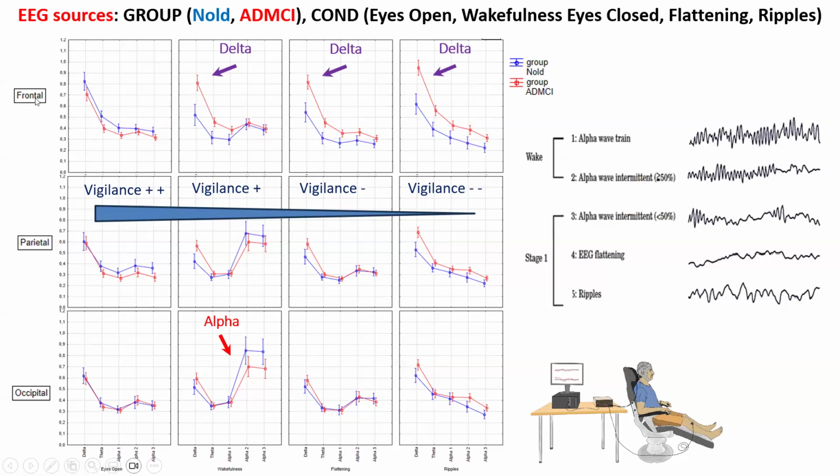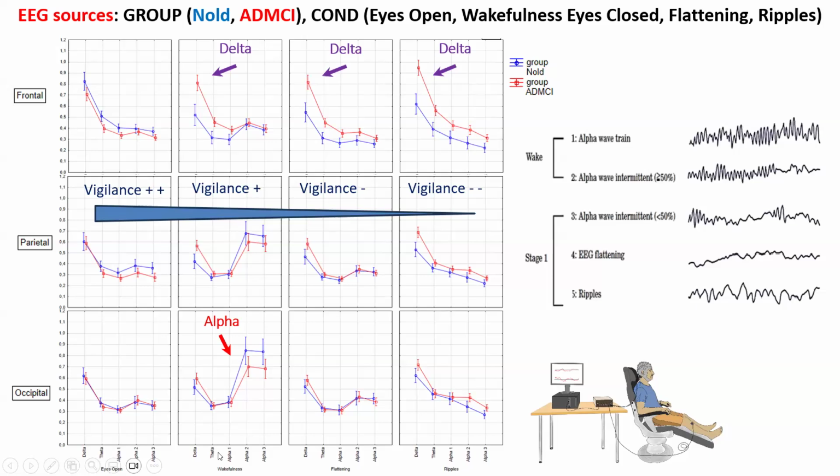And indeed, you see the frontal, parietal, occipital regions, so if you see the blue group of healthy normal subjects, you see that the dominant rhythm is in delta and theta, with low alpha rhythms related to eyes open and visual information processing.